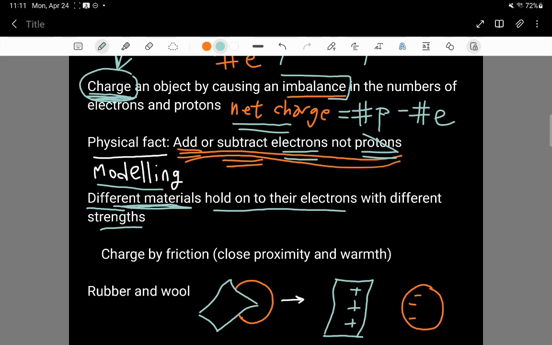So this is the beginning of having a whole bunch of fun with home experiments. And if you're curious about doing some experiments at home, you might look up the word triboelectric series.